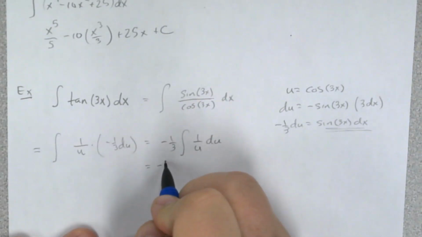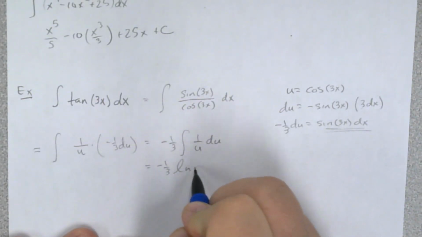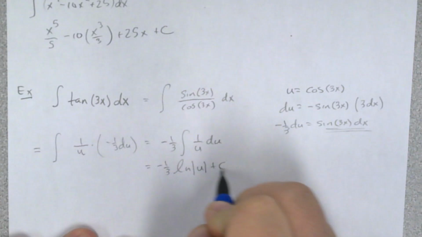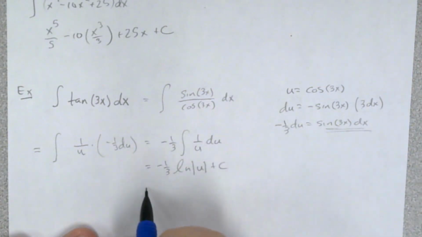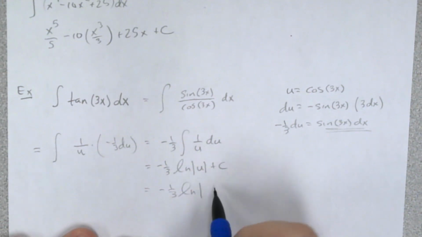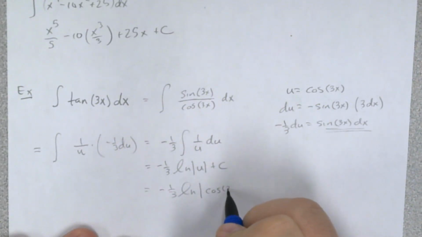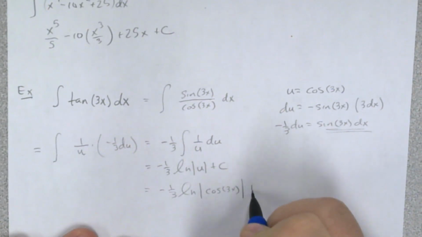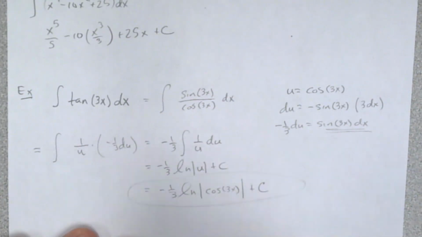So this becomes a negative 1/3 times the natural log of u plus a constant. And so putting back what we said u was, this is now the cosine of 3x plus a constant, and there is our answer right there.